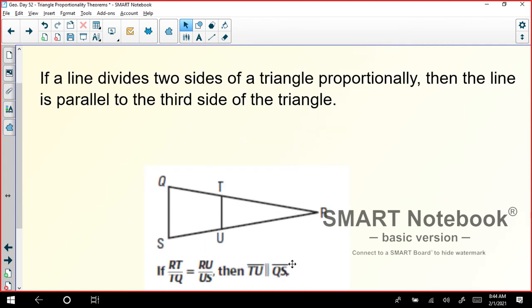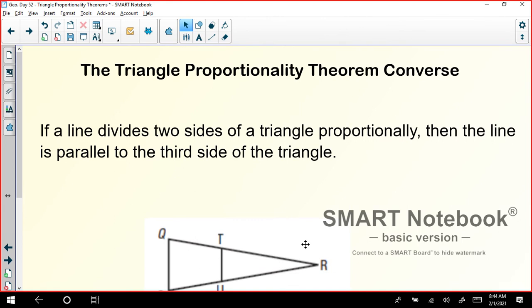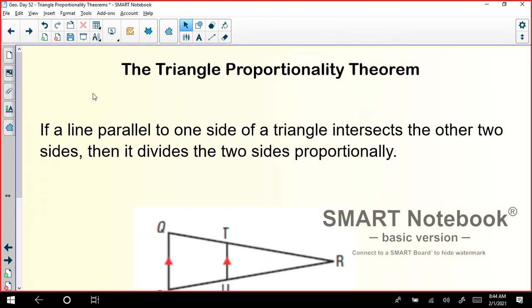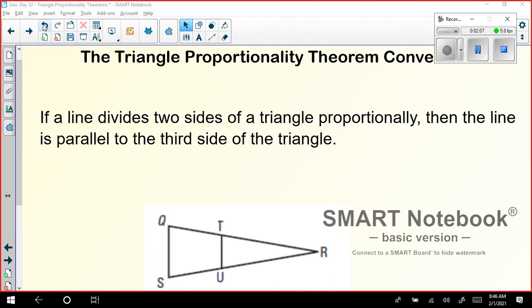I'll give you 30 seconds to note down this theorem, and then we will move on to the next slide. Okay, let's move on to the next slide.